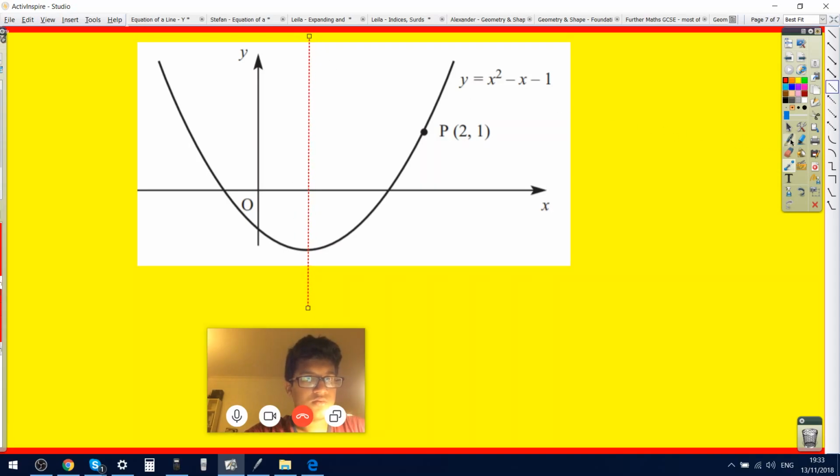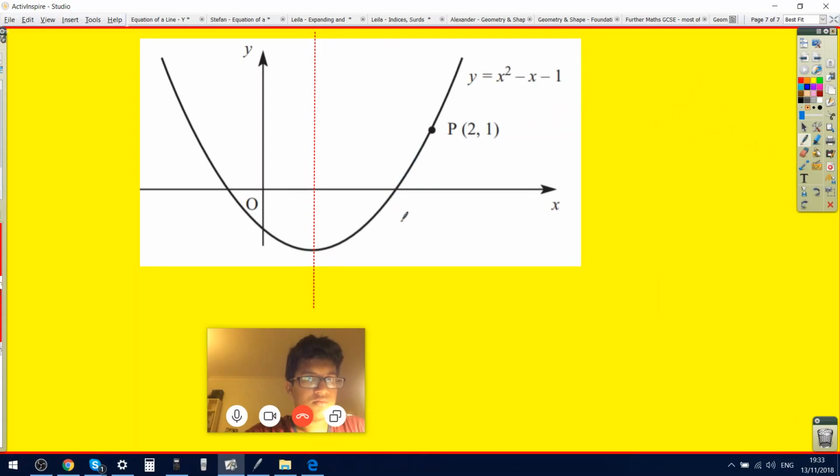And so you can see how on the right side you have positive gradient, and here you have a bigger gradient. And so it's increasing. So the rate of increase is increasing. And same on the left side, it's decreasing, but the rate of decrease is also decreasing as well.